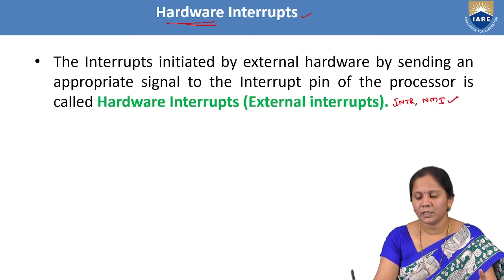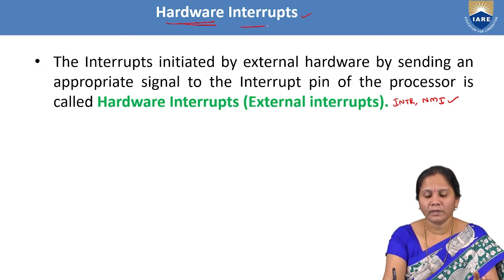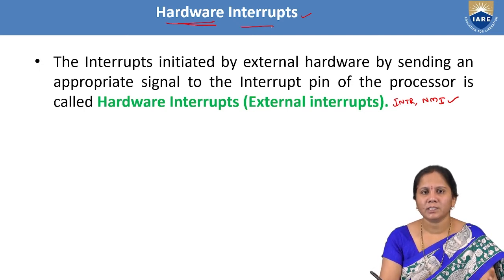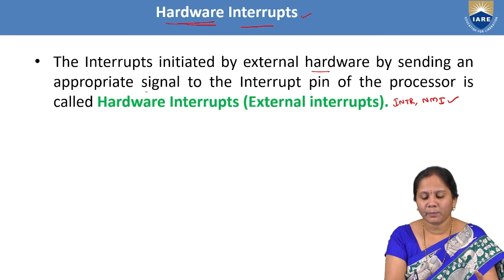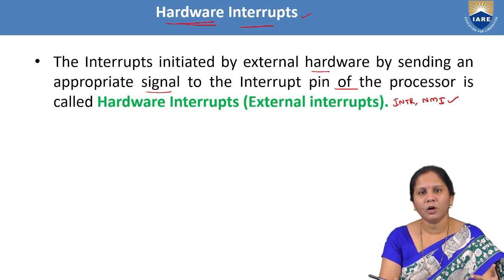These are the 2 pins present in the 8086 microprocessor that handle the interrupts coming externally. That is why hardware interrupts are also called external interrupts. The interrupts initiated by external hardware by sending an appropriate signal to the interrupt pin of the processor are called hardware interrupts. These are generated by external devices, which we call IO devices or peripherals.